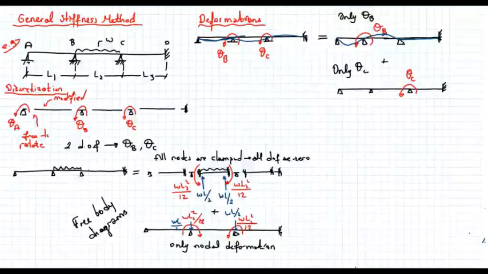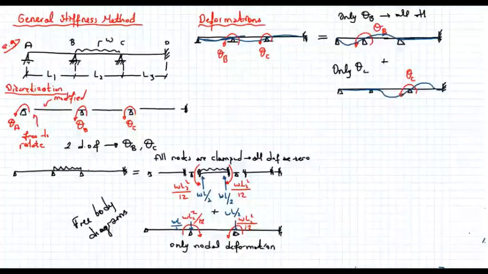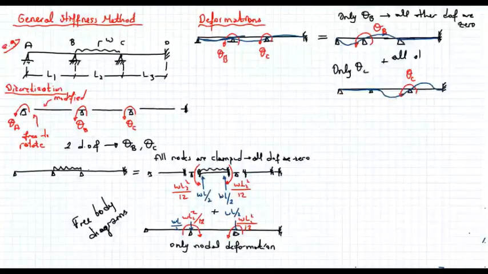And let's sketch the deformed shape. So 0 rotation at b. And I have deformation like that. So only theta b means, let's put a note, all other degrees of freedom are equal to 0. Likewise, all other degrees of freedom are 0.